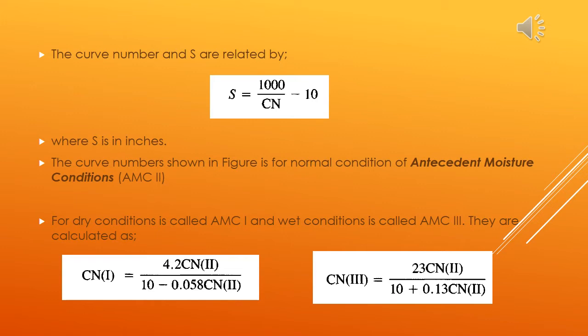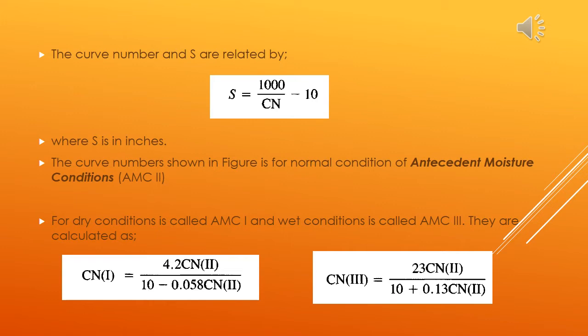For dry condition, it is called AMC1, and wet condition is called AMC3, and these are calculated as curve number 1 is equal to 4.2 curve number 2 over (10 minus 0.0858 curve number 2). So we can tabulate it from this curve number. Then we plug it into this equation and we have curve number 1.